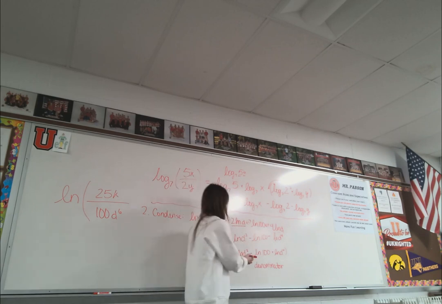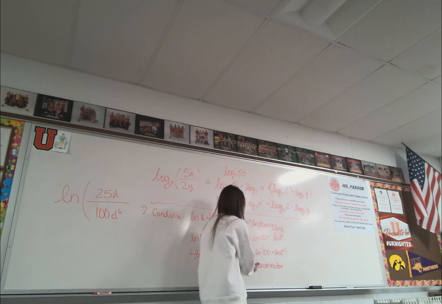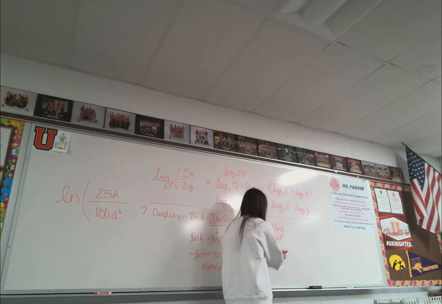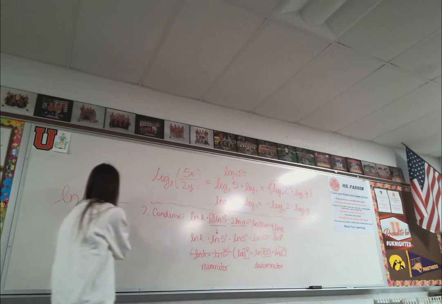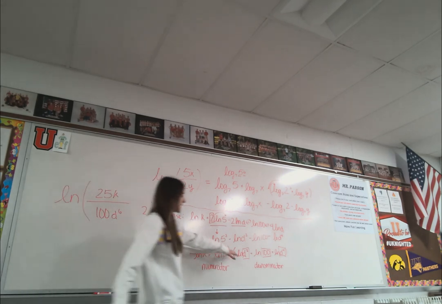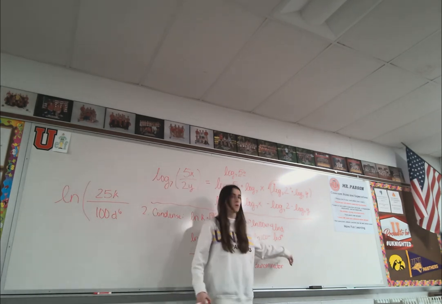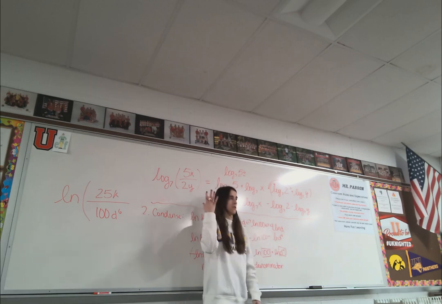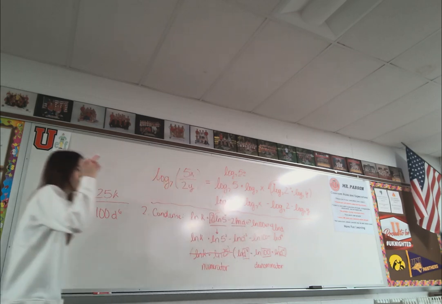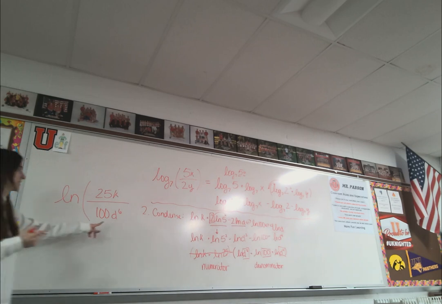I'm going to take each one of my terms inside my natural log and multiply them all together. This d to the 6th comes from d to the 2nd times d to the 4th. If I'm multiplying the same base, what do I do to my exponents? You add them. So that's how we got d to the 6th.